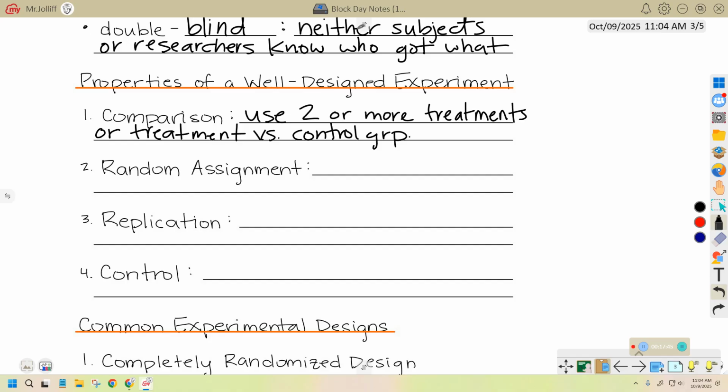The control group is the group that has everything the same, but they're not getting the treatment at all, right? This would be the sugar pill group in our case. So I need a basis for comparison. Otherwise, why am I doing an experiment? Second, random assignment. Subjects should be randomly assigned to treatment groups.